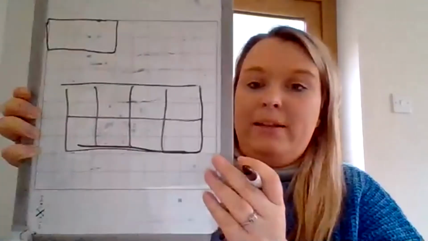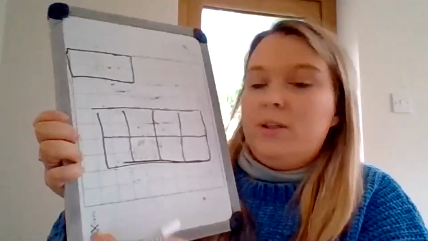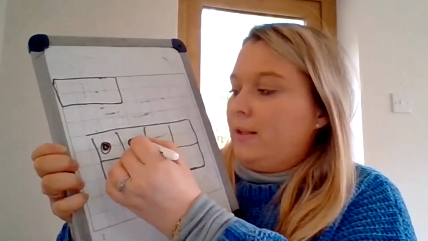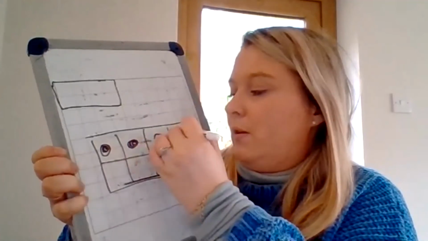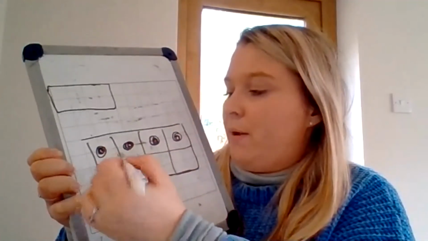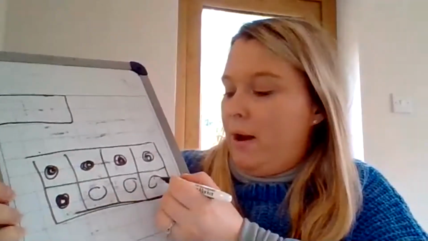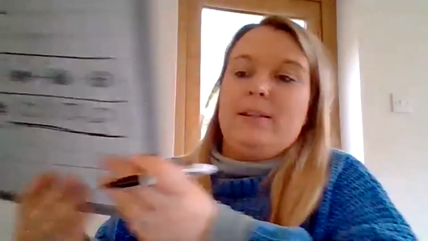So there we go. I've made my 8 now. If you were to use, you could use different coloured buttons. So you could have red buttons there. So 5 red buttons and maybe 3 yellow buttons or something like that. So you could do it that way, like that. But try and have a base, because that makes it easier for you to work out what 8 is.